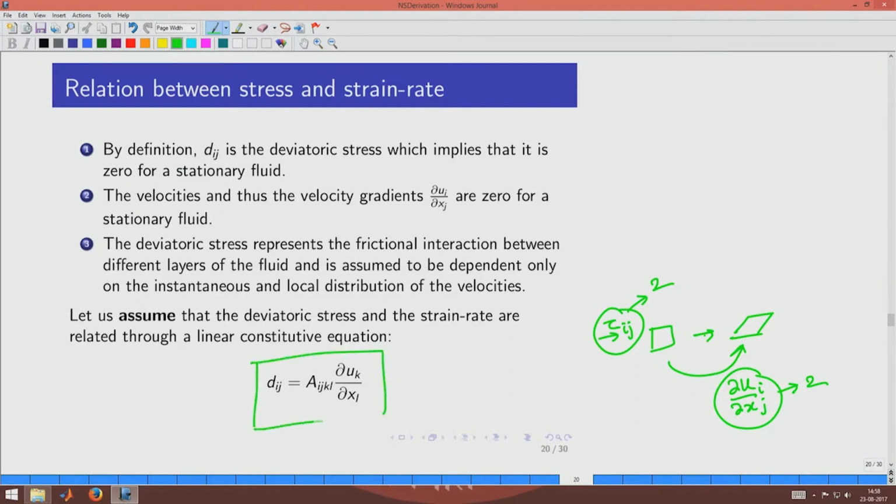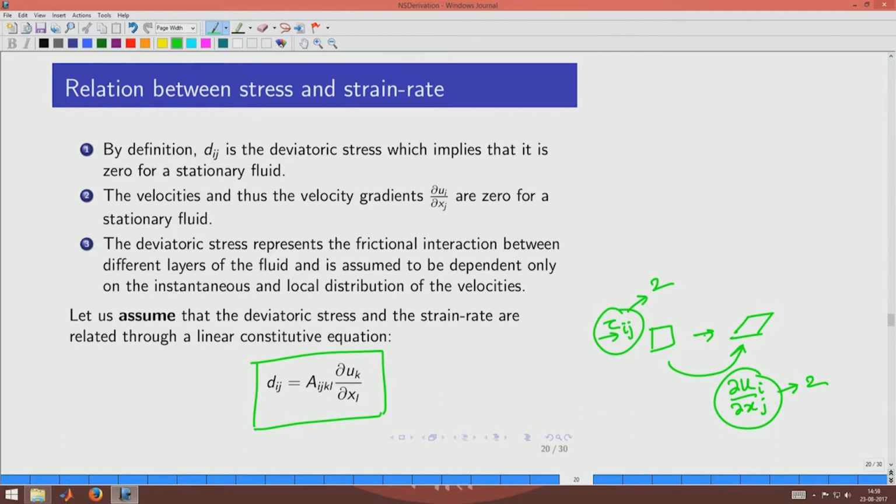So, here is a proposal. Okay. We are proposing that the cause, which is basically the shear stress, is leading to an effect, which is basically the velocity gradients. Okay. So, we are proposing that they are related linearly. They may not be related linearly in some situations, but let us hope that this fellow is going to be helpful to us.